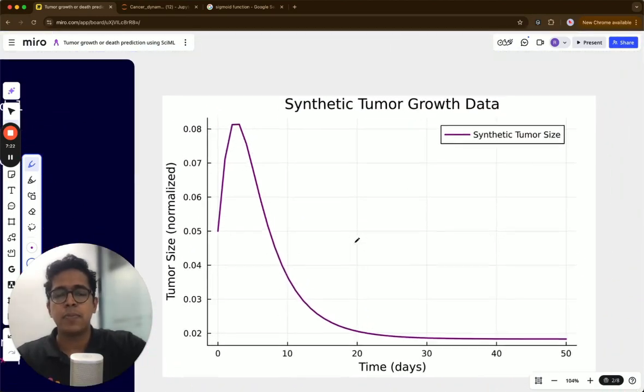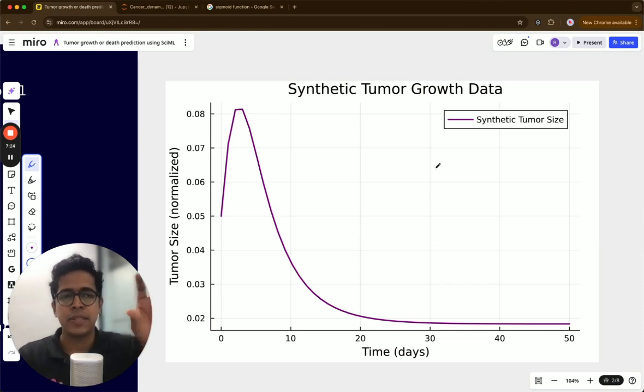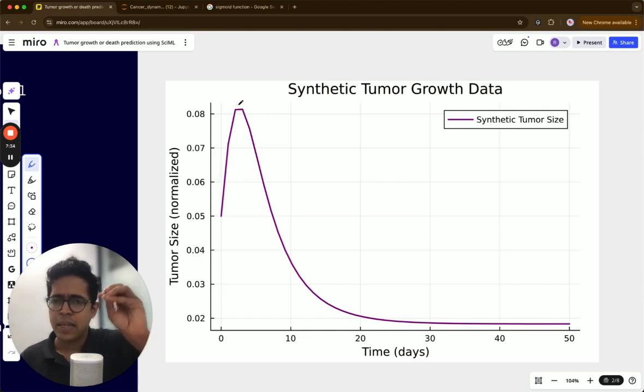I made this plot for some particular values of C, R, and K. The initial starting size of the tumor is 0.05, meaning it's 5% of its maximum possible size. Then it keeps growing. Chemotherapy is applied, but still it keeps growing to, let's say, 9% of the size. Then it shrinks suddenly, to less than 2% of its maximum possible size. And if the chemotherapy intervention is very strong, you can also shrink it close to 0, which means the tumor is non-existent.